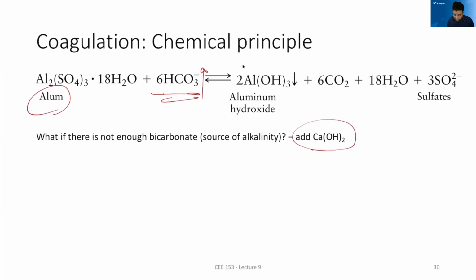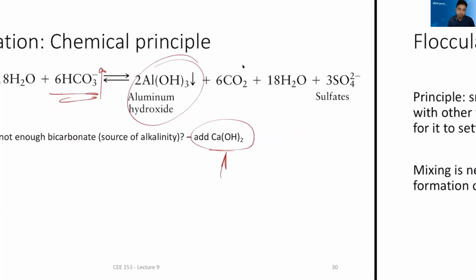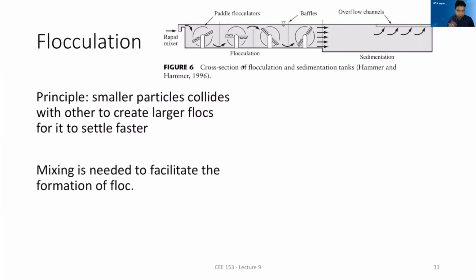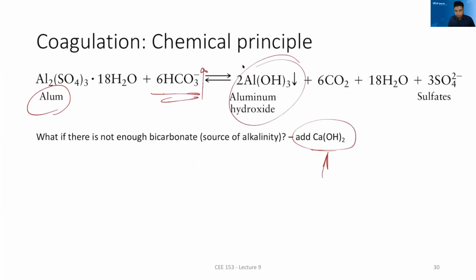So you add OH to precipitate this. That's basically the mechanism of coagulation. The principle here again is you reverse the surface charge and precipitate these fine particles by increasing the pH. So I'm going to show that in two steps.